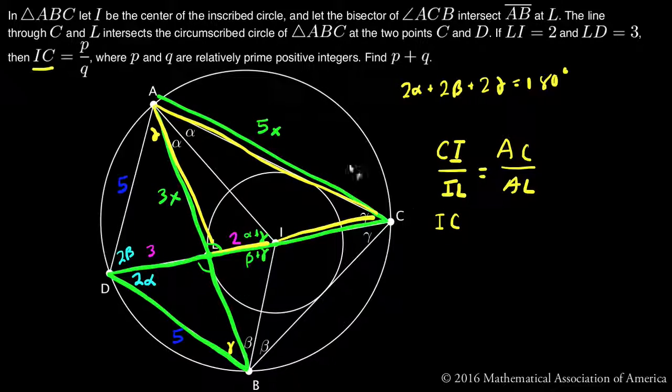So we have IC over 2 equals, and we don't know AC and AL, but I know they'll be in the ratio 5 to 3. So I could put a 5x to 3x, or I could say this is the ratio AC to AL, so I could just put 5 to 3. To solve for IC, just multiply both sides by 2. So IC will equal 10/3. Finding P plus Q, 10 plus 3 is 13.